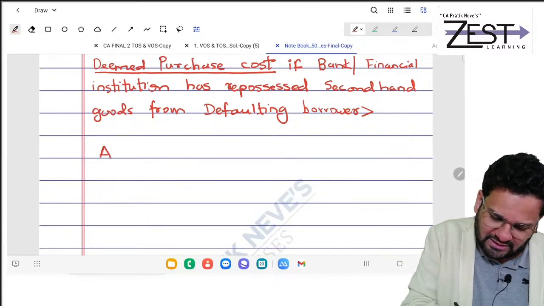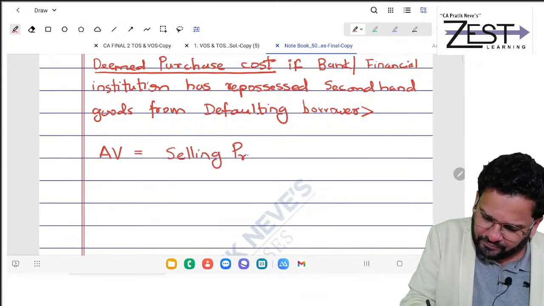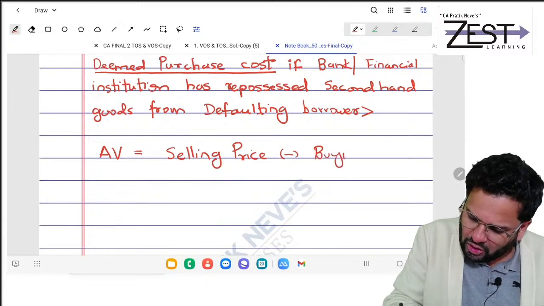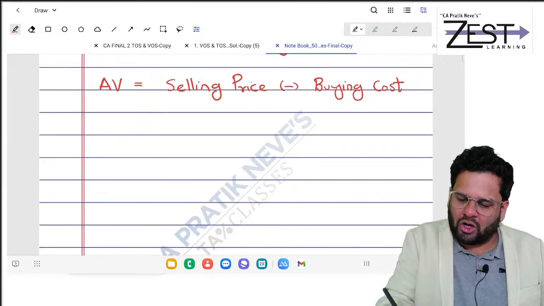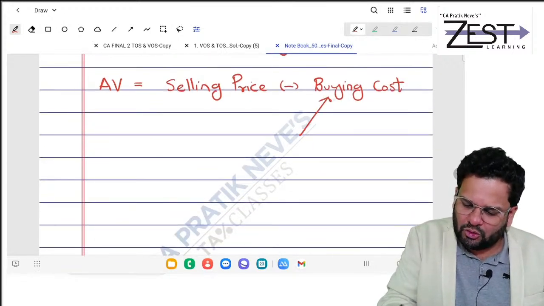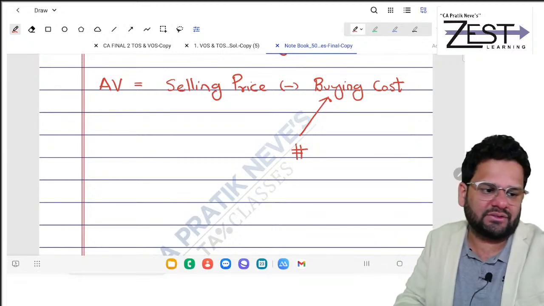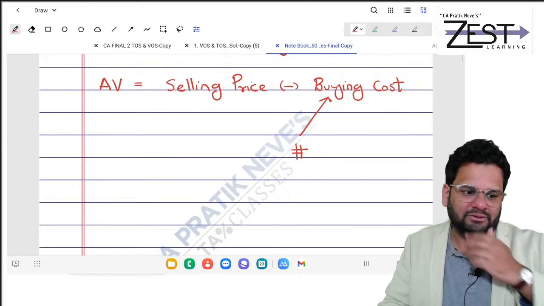So the assessable value will remain as selling price minus buying cost. But what is this buying cost? That is the discussion going on. Can we discuss what this buying cost is? Are you all with me?